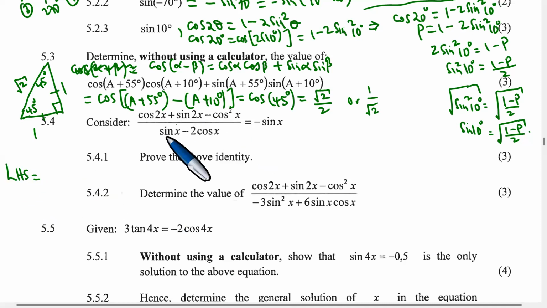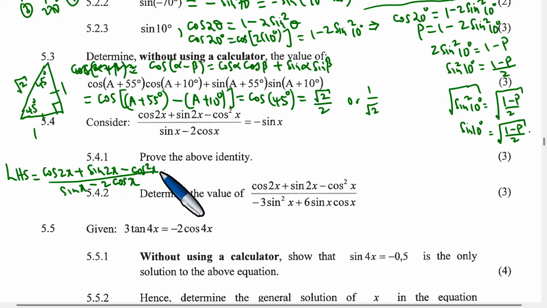The left-hand side is all this: cosine 2x plus the sine of 2x cosine squared x, divided by everything, sine x minus 2 cosine x.